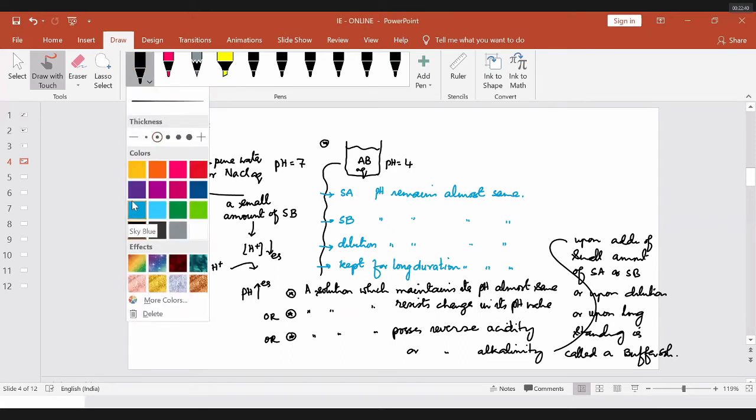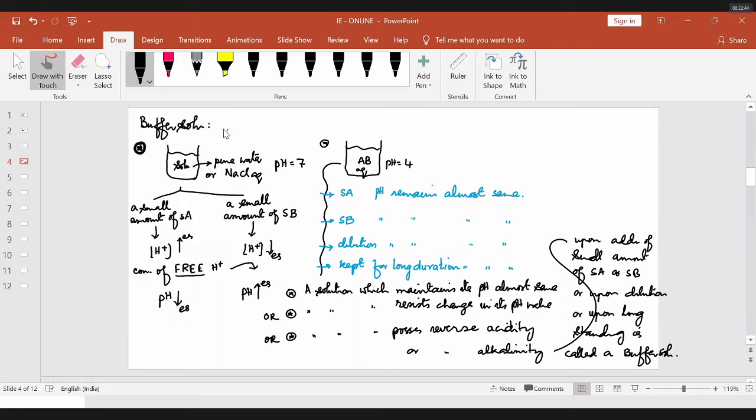Long duration: if you are leaving it in the atmosphere, even then there will be no change in pH value. Go ahead. Is it over?